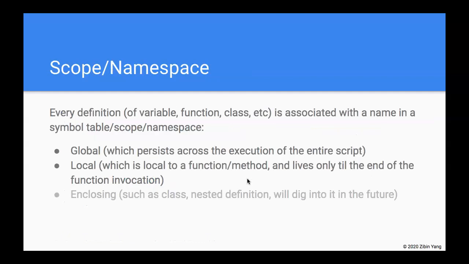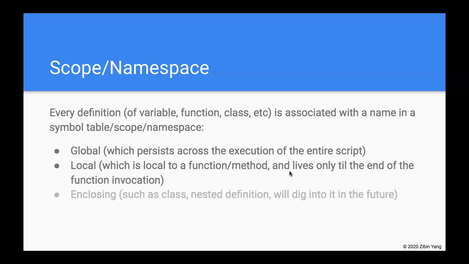To recap, every definition of everything, variable, function, classes, is associated with a name in the symbol table. There's the global symbol table, which lives across the entire execution of the script. Then there's the local symbol table, which is local to a function.